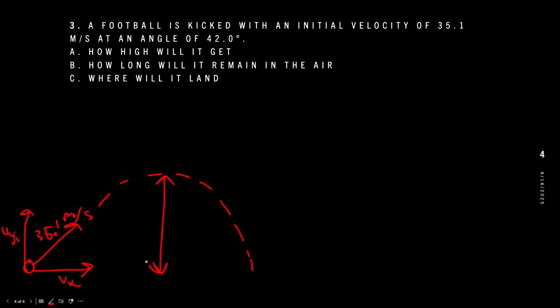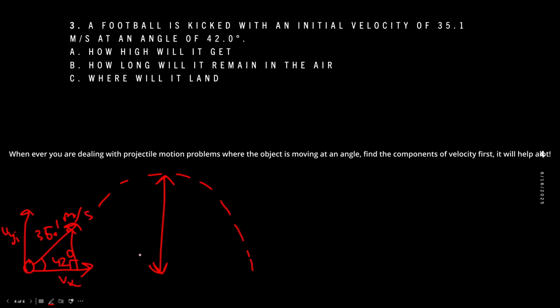And then before we draw our table, we should first find our components of velocity, so we know it's kicked at a 42 degree angle. And if we rearrange the y component of velocity to be over here, we see that it's a right triangle, so we could use sine, cosine, or tangent to find these components.